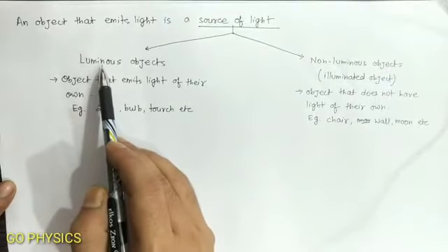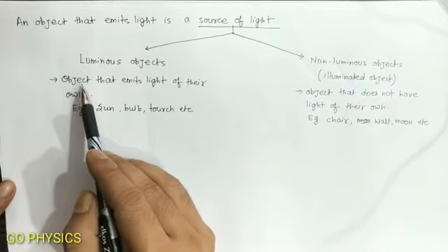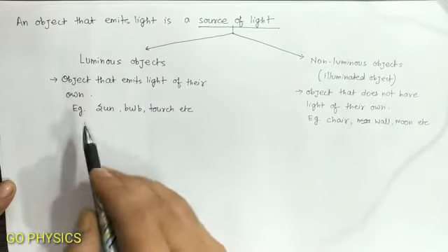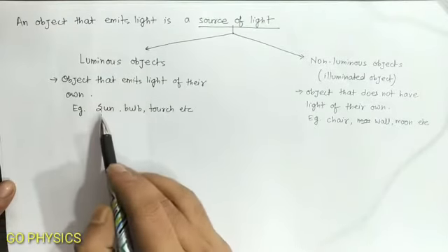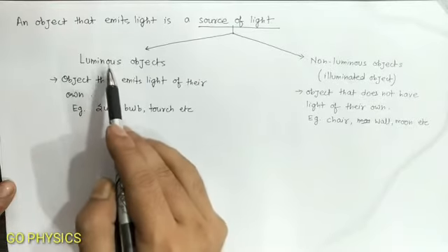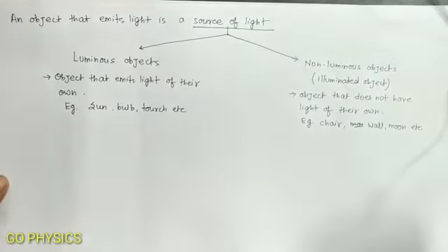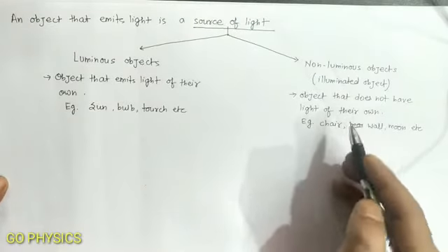What are luminous sources or luminous objects? The objects that emit light of their own. For example, sun, bulb, torch, etc. All of them emit their own light, so they are examples of luminous objects. What are non-luminous objects? Objects that do not have their own light.